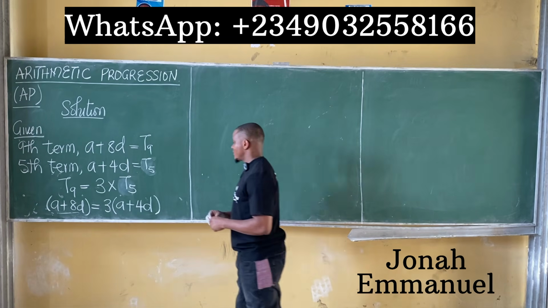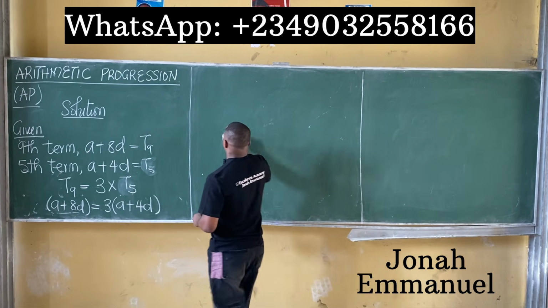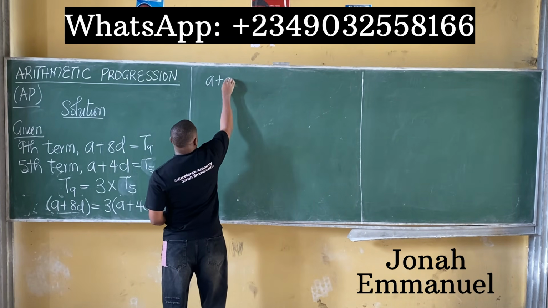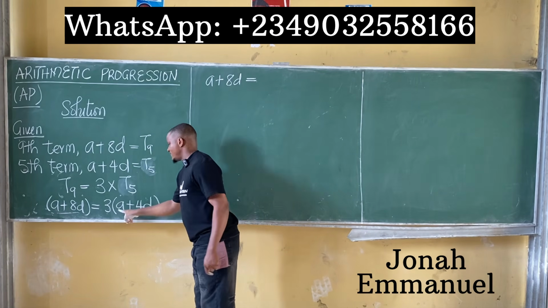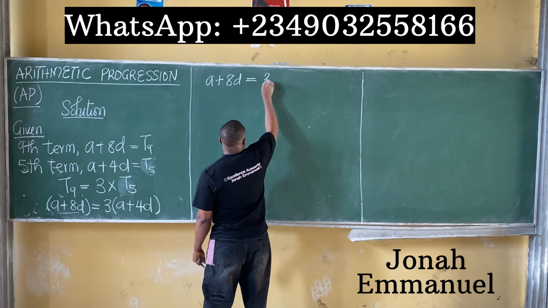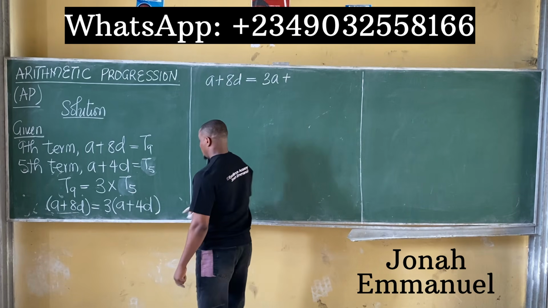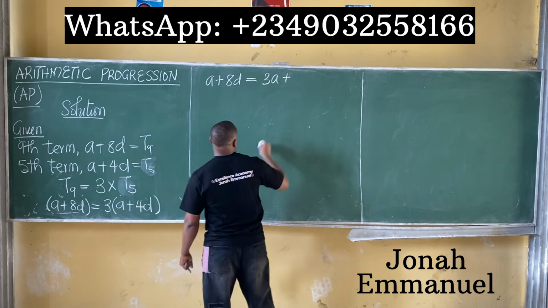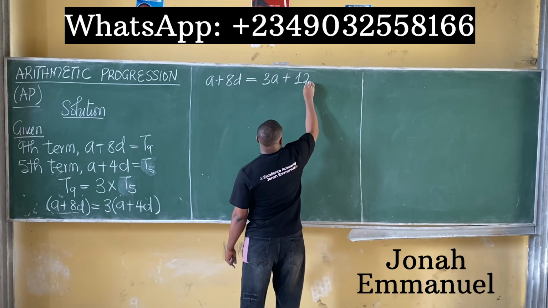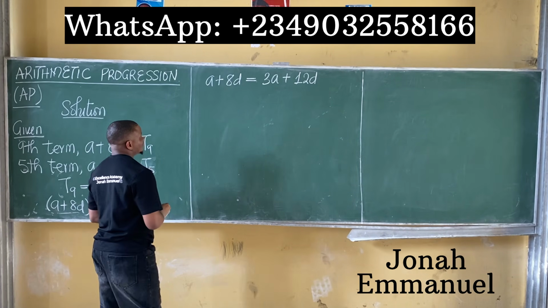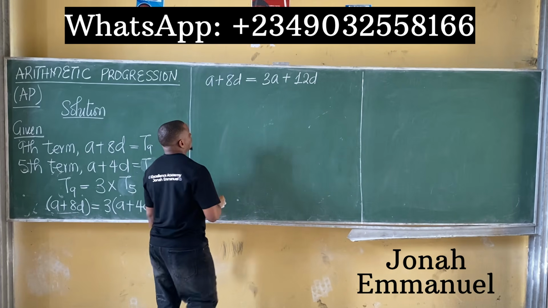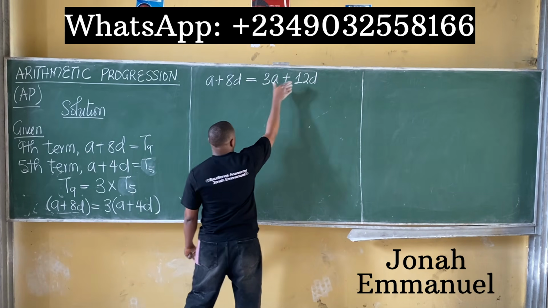If you have this, let's expand the bracket. This becomes A plus 8D is equal to 3A plus 3 times 4D, which gives 12D. Okay, let's collect like terms. All we have to do is move everything over here.